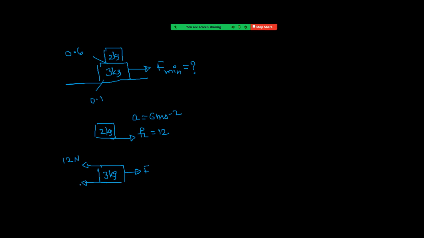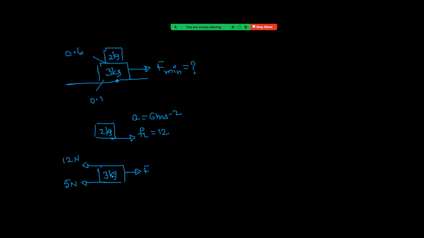Friction always opposes relative motion, right? See carefully, at this contact the normal reaction is 50. 50 into 0.1, that is 5.